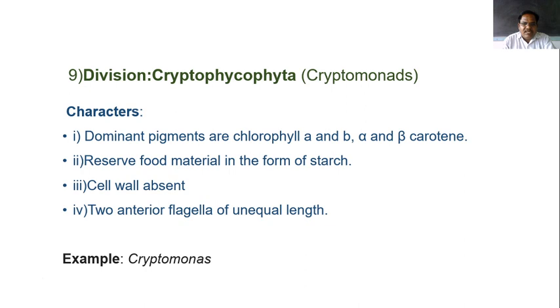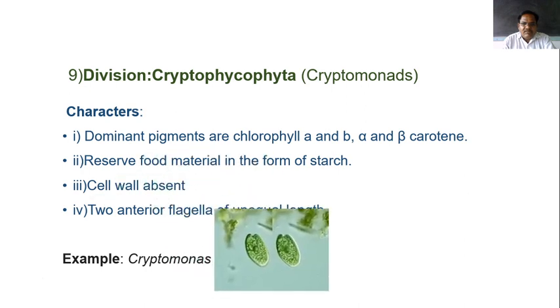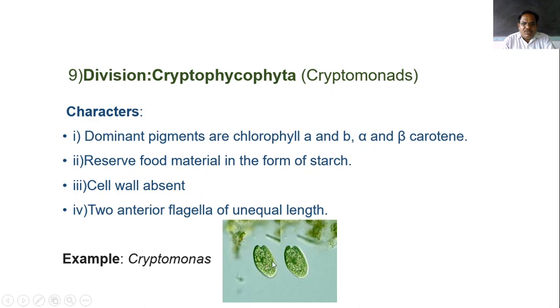An example of this one is the Cryptomonads, which are unicellular and have this kind of structure. So these are the 9 divisions classified by Fritsch and Bold in the algal classification.